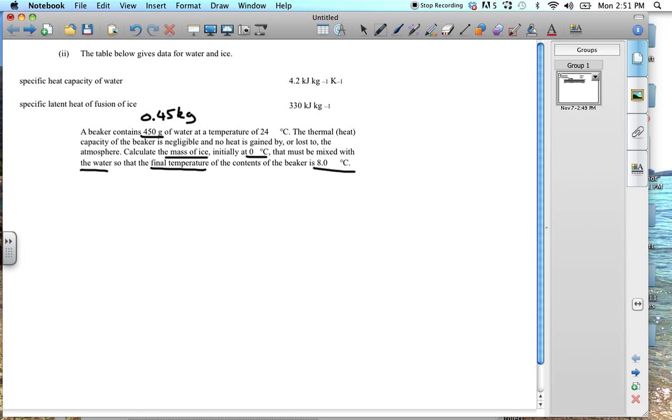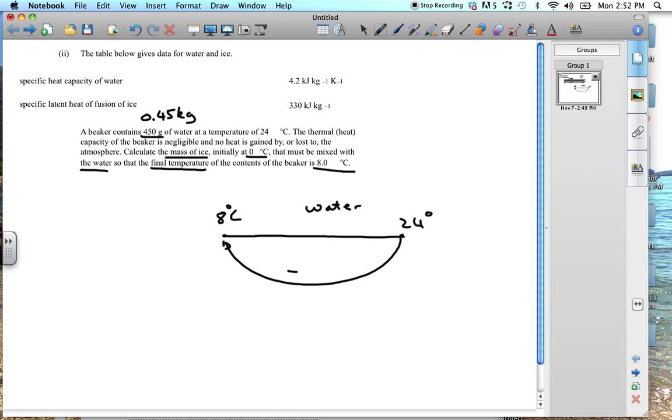So this is basically what is going to happen. You're going to have your water on the water side. This is 8 degrees Celsius and this is at 24 degrees Celsius, and the water is going to drop down by 24 minus 8 degrees Celsius.